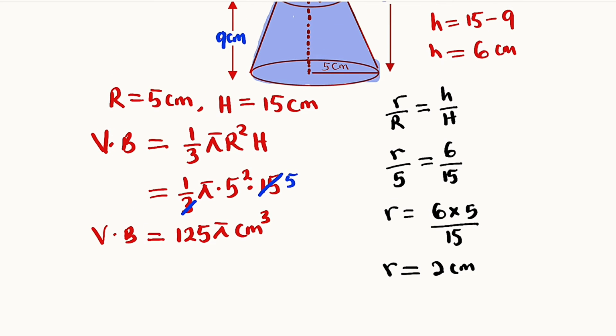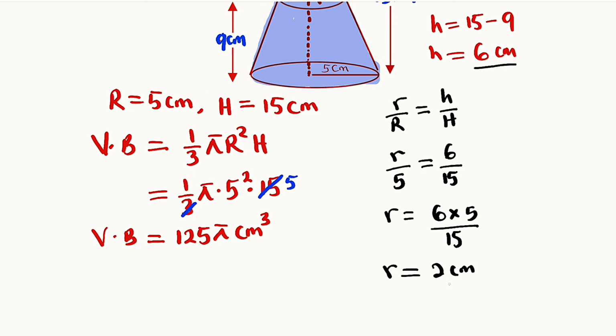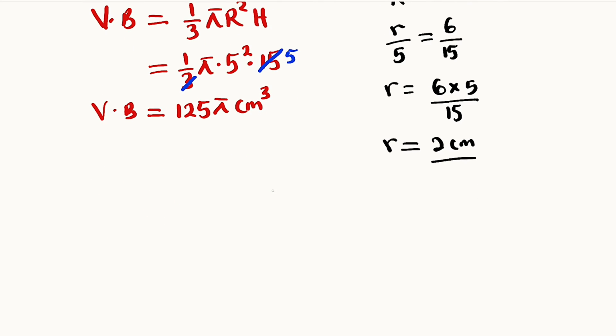Now we have our height, which is 6 centimeters, and our radius, which is 2 centimeters. We can just write the formula and substitute to find the volume of the smaller cone. The volume of the smaller cone will be equal to 1 over 3 pi r squared h.